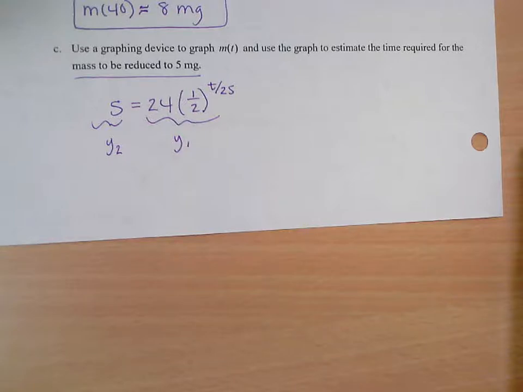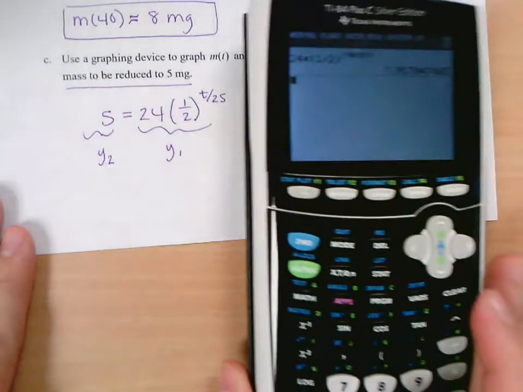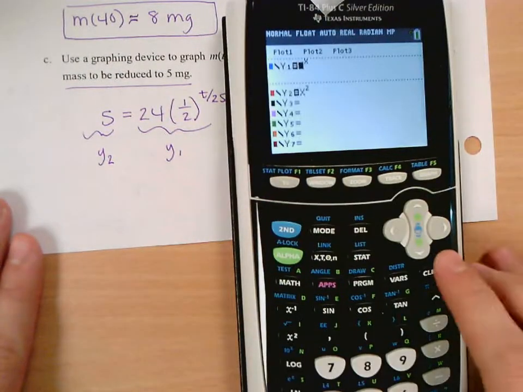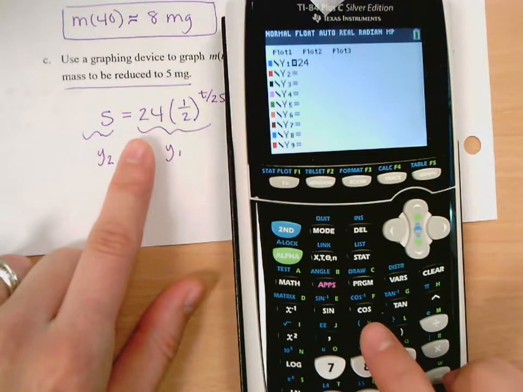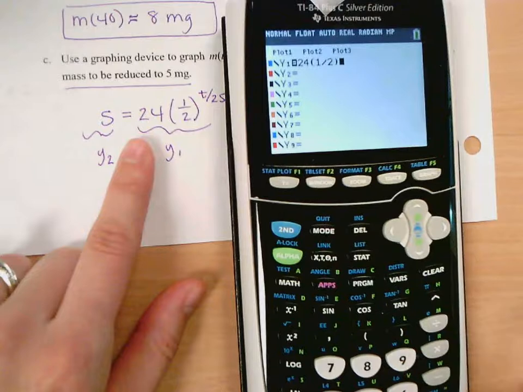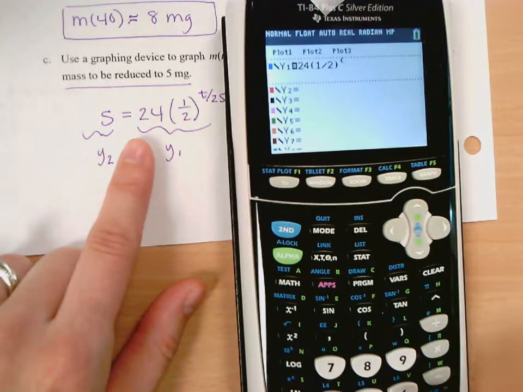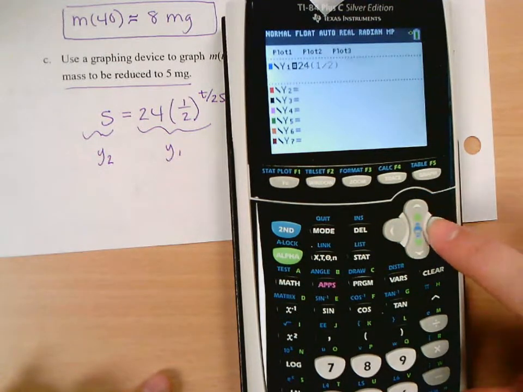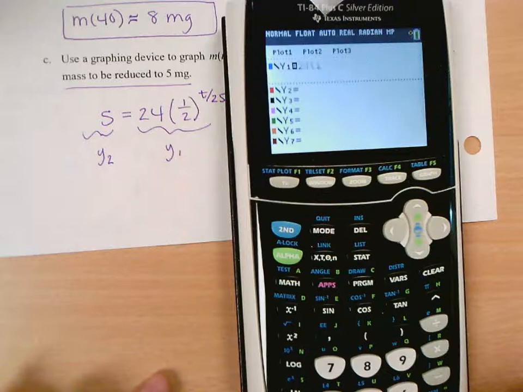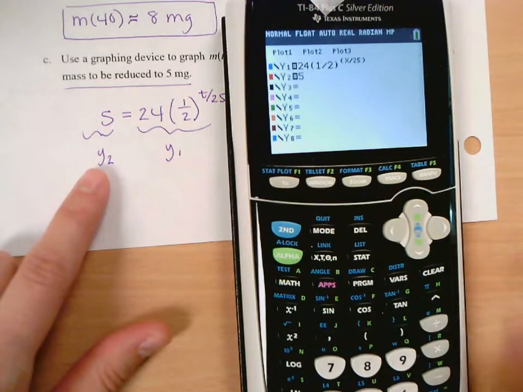So if we do that, the 24 times 1/2 to the power of x divided by 25. Oops, I did times. And then I'm also going to graph 5.